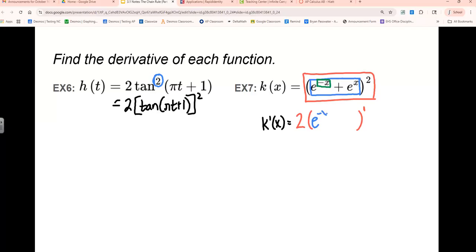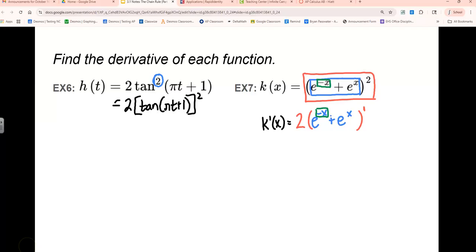It's just e to the negative x plus e to the x. So that's first box taken care of. Now we got to take the derivative of the blue stuff. Be careful right here. There's like a little chain rule right here whenever we do this.